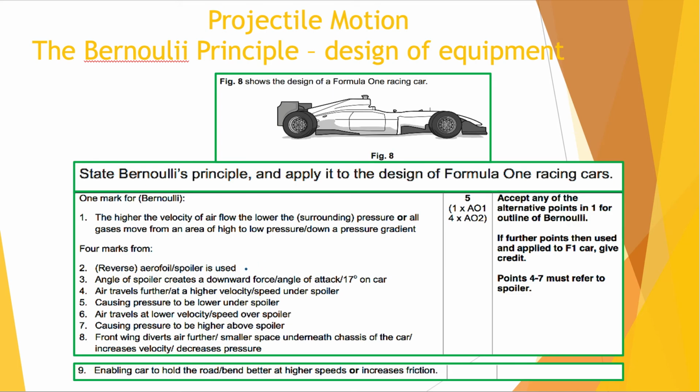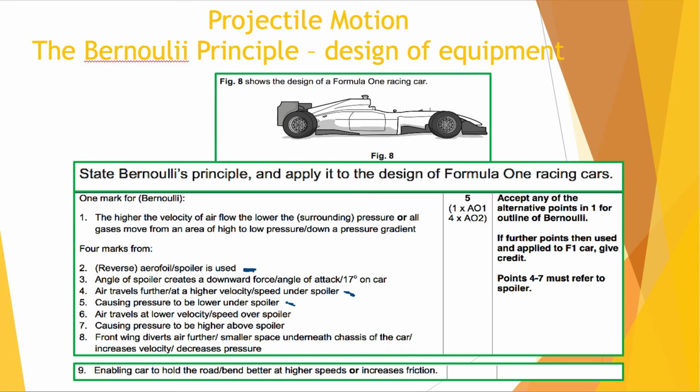So that's the spoiler. We said shape of the object is the first point to make. So inverted aerofoil, flat on the top, curved underneath. What does that do to the air? It causes the air to travel a further distance and therefore at a higher velocity. What does that do to the pressure of the air?